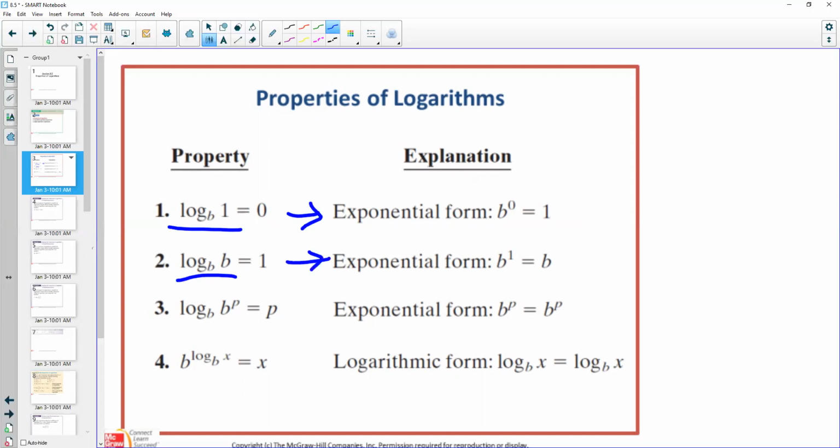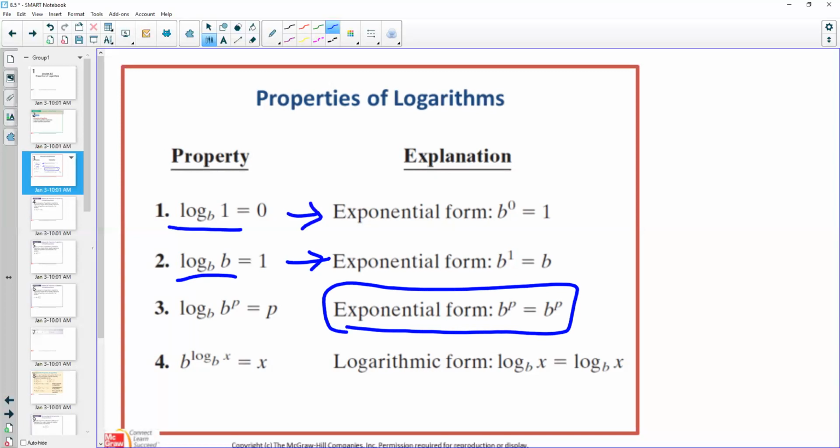Here's the exponential form. If I have log base b of b to a certain power p, the argument b raised to a power p is equal to p on the other side, because p is the same exponent in both places.